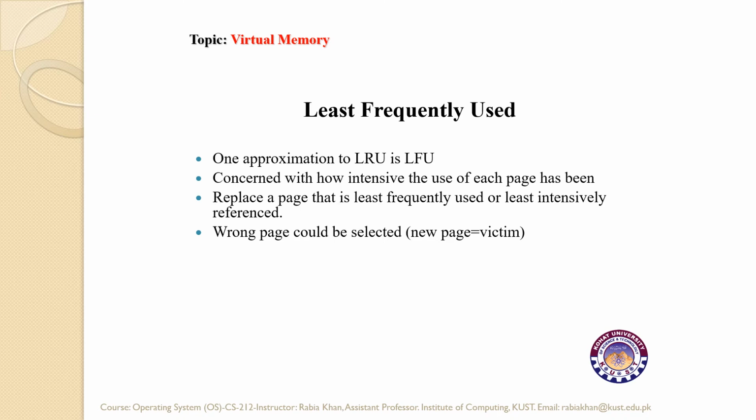It is applied or used rarely, as here the wrong page may be selected for replacement. The one which has just been brought into memory may be replaced as it has the least frequency of use in the past. So this selection may turn out wrong. Hence, this algorithm is rarely applied.